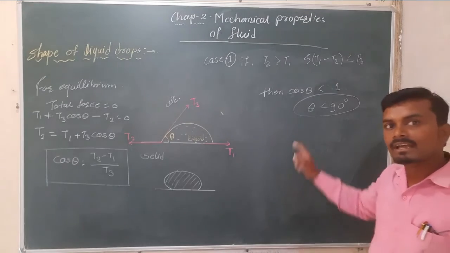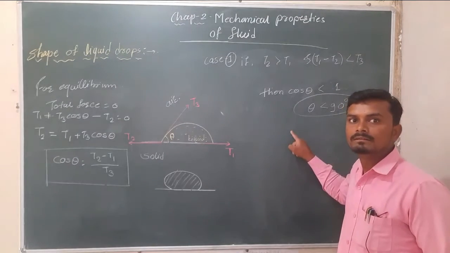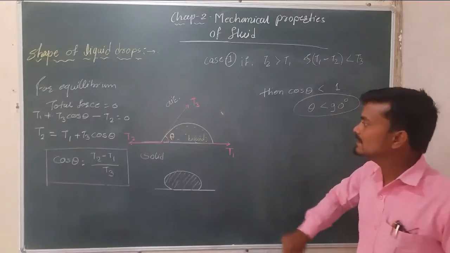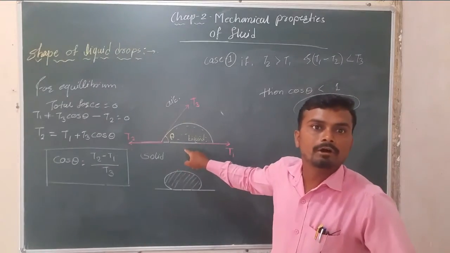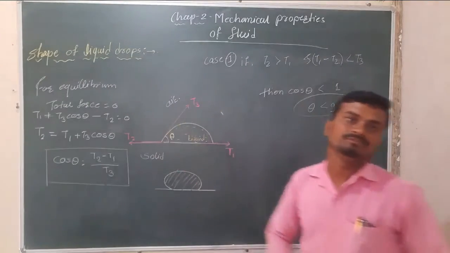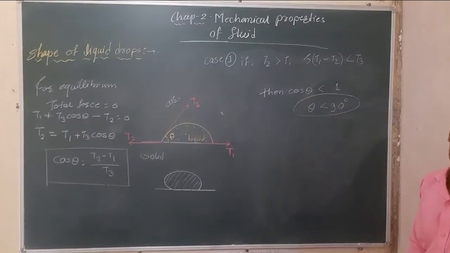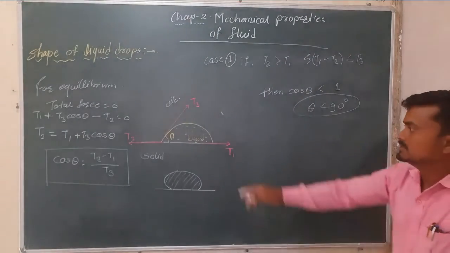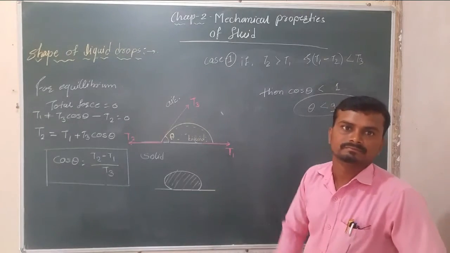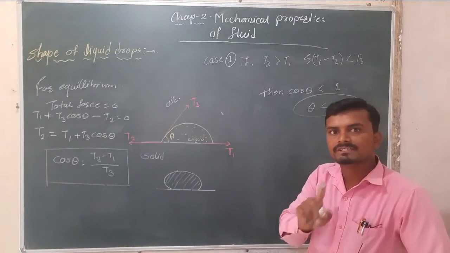And if theta is an acute angle, then the liquid drop gets such type of shape, as shown in this figure. Okay, this is the first case.